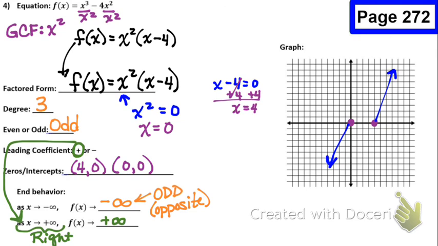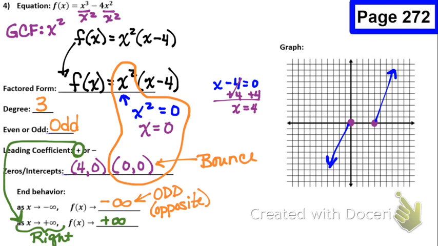Which one? Look at this guy. 0, 0. Bounce. It does not go all the way through there. It's going to come up, touch the x-axis, and it's going to bounce off of it. Here it goes all the way through, and then I just need to connect it. All right.